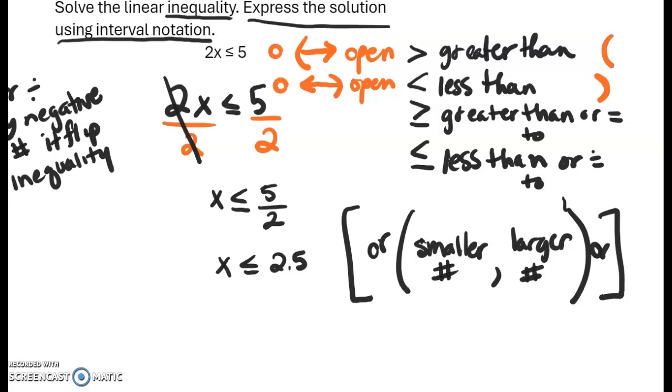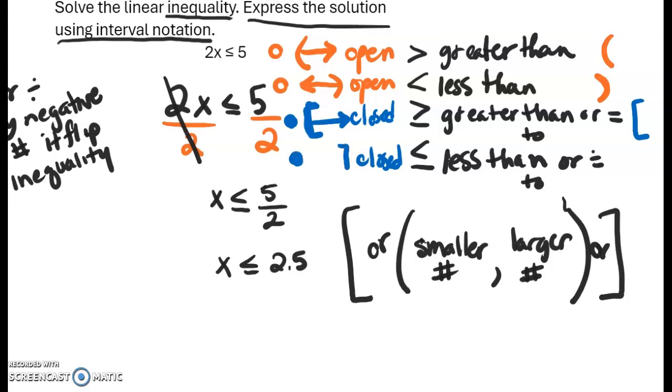And then the greater than or equal to and less than or equal to are considered closed intervals. Closed intervals include the endpoint, meaning it can be that number or above with the greater than or equal to symbol. So that is a closed dot or a bracket and an arrow to the right.